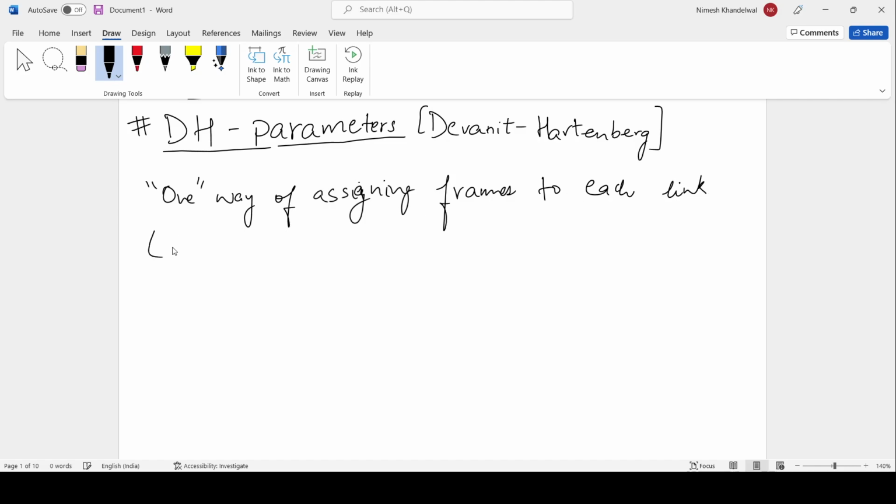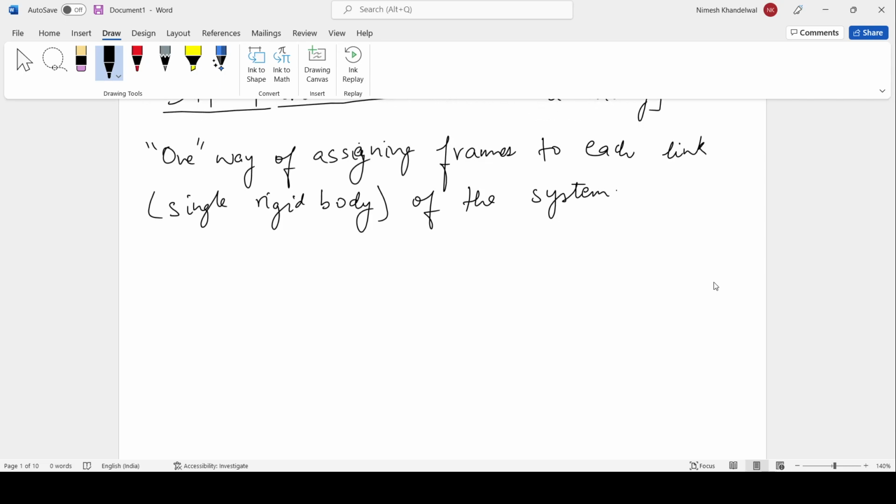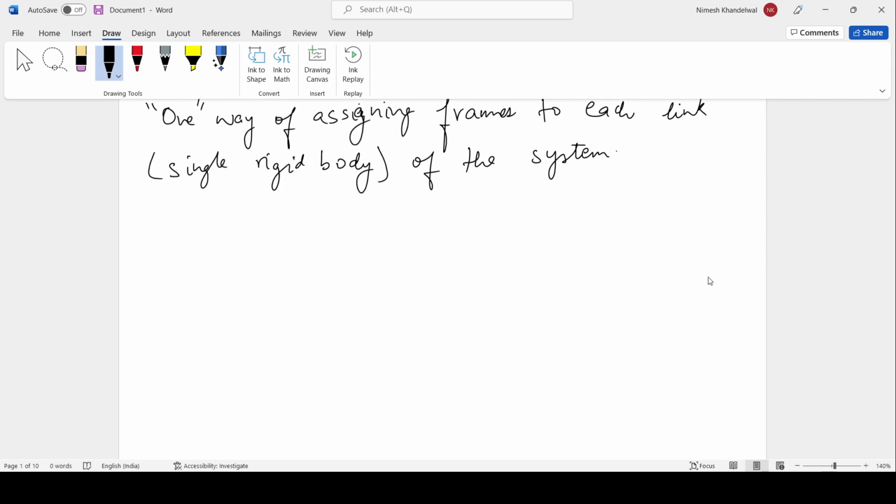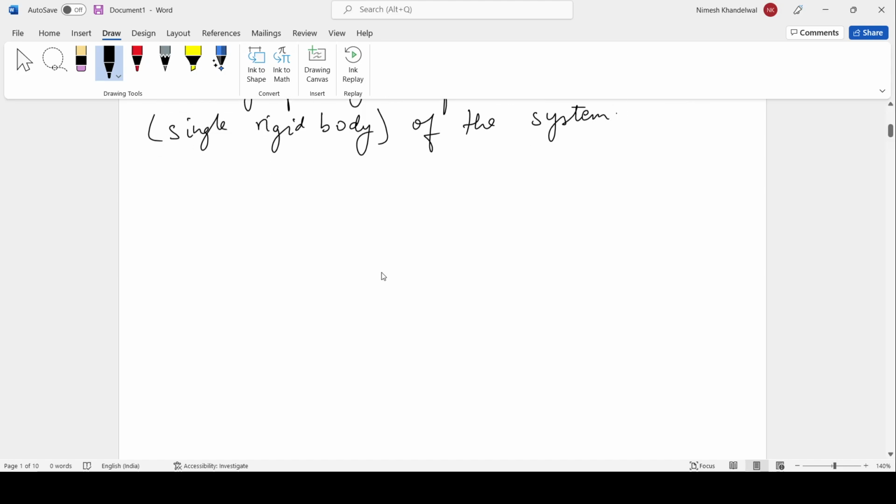Here a link is a single rigid body of the system. And why we need to assign frames to each link and what we do with these frames, sir has already discussed in the class. So I will again just briefly discuss the convention that we use to assign frames.